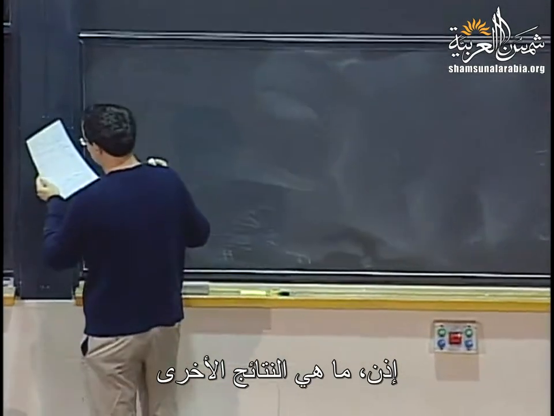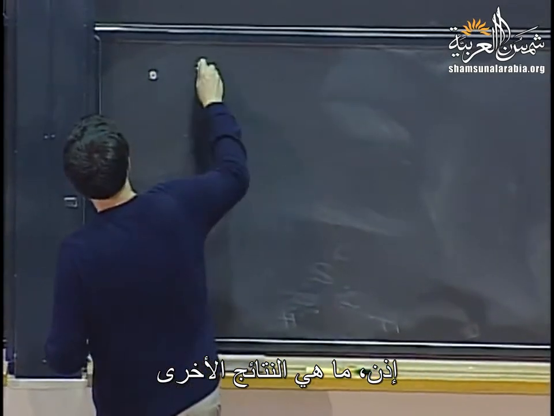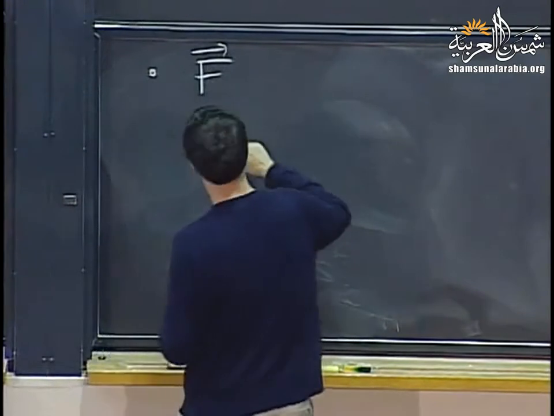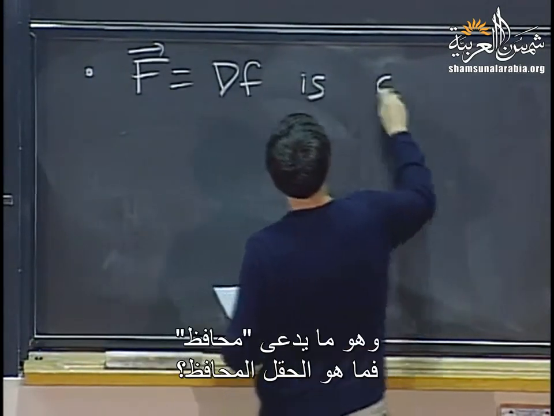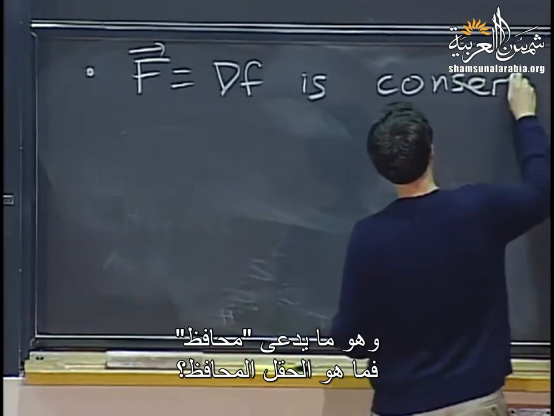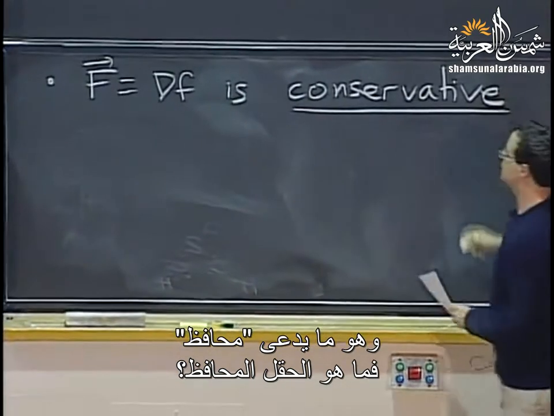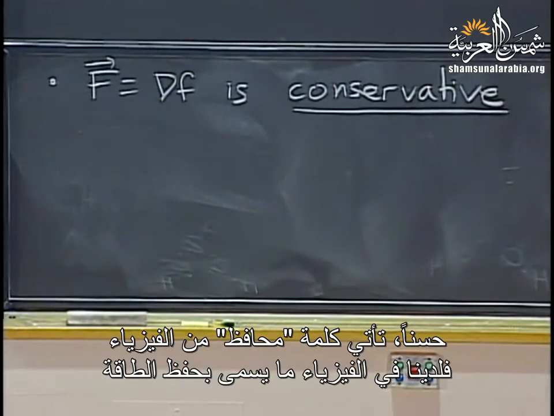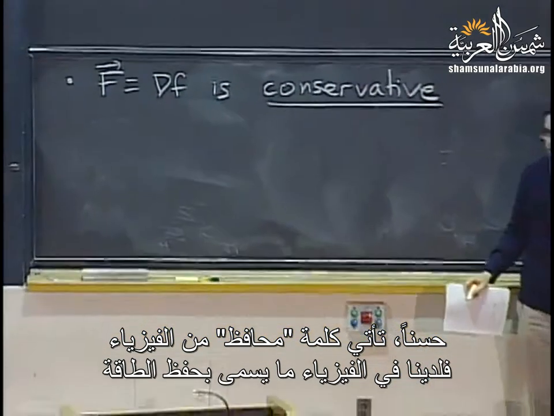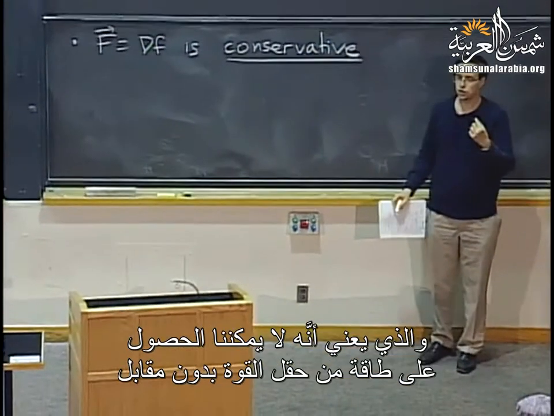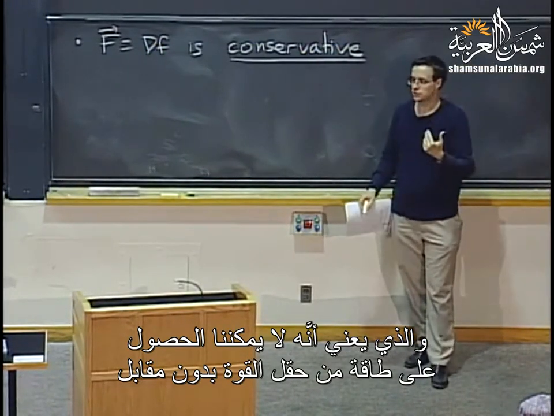Okay, so what's another consequence? If you have a gradient field, it's what's called conservative. So what's a conservative field? Well, the word conservative comes from the idea in physics of conservation of energy. It tells you that you cannot get energy for free out of your force field.